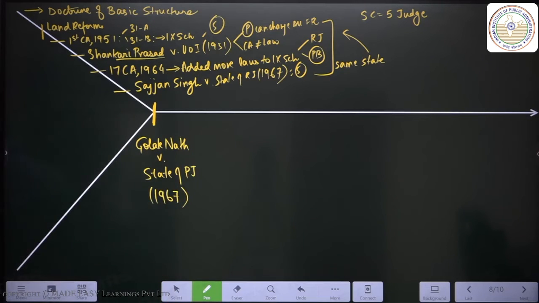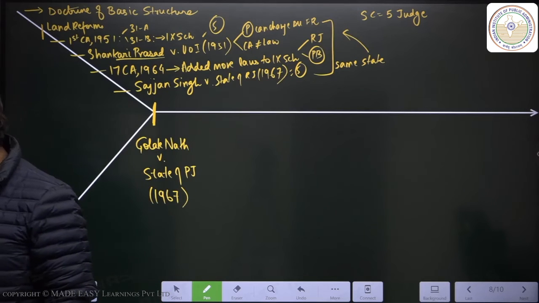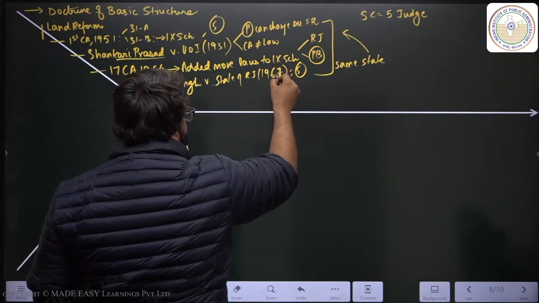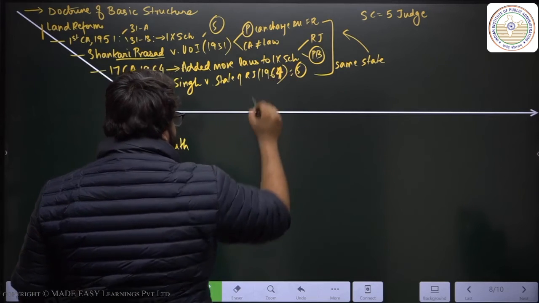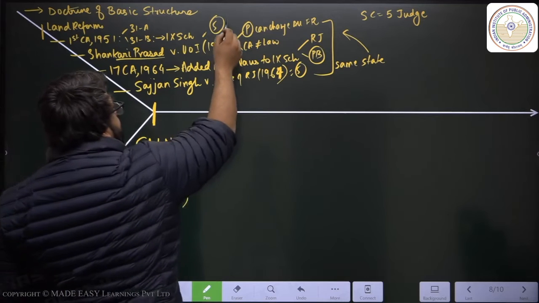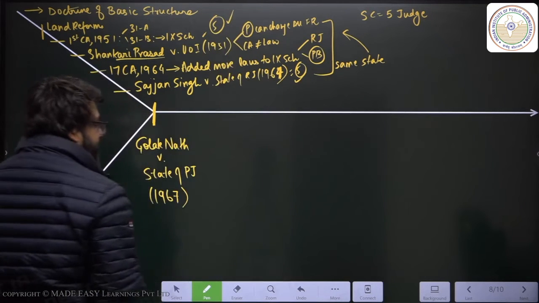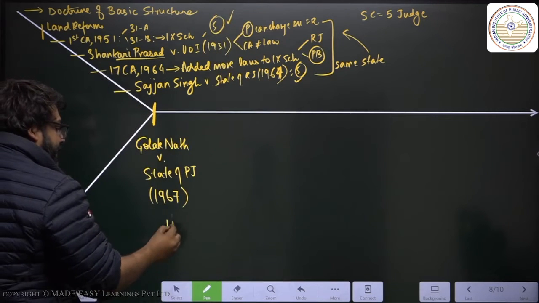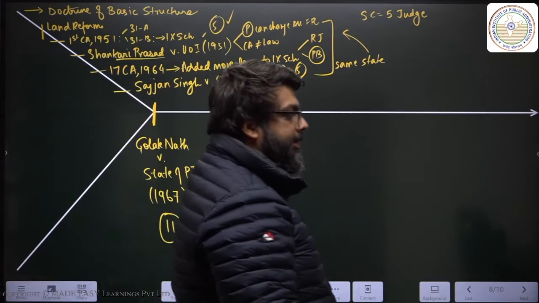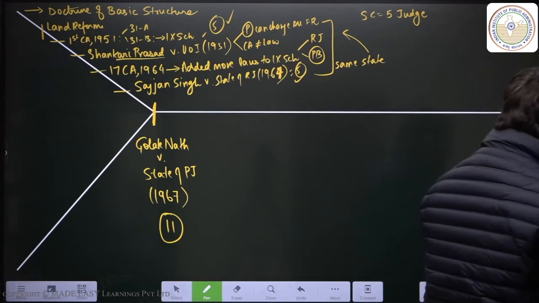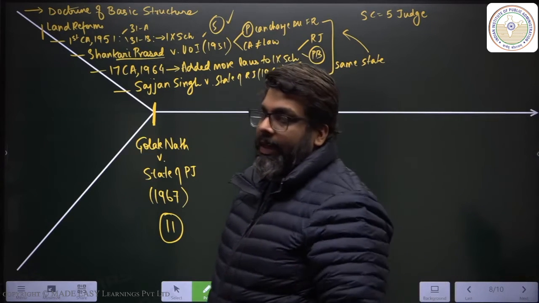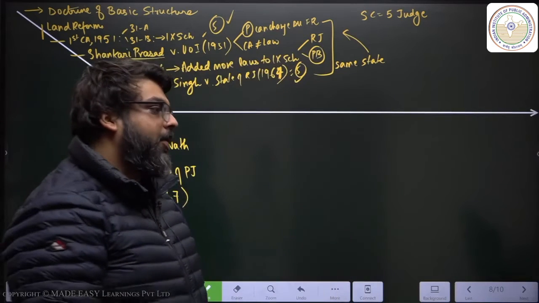This time, this was 1964, I'm sorry. And this time, instead of 5 judges, you had 11 Supreme Court judges.